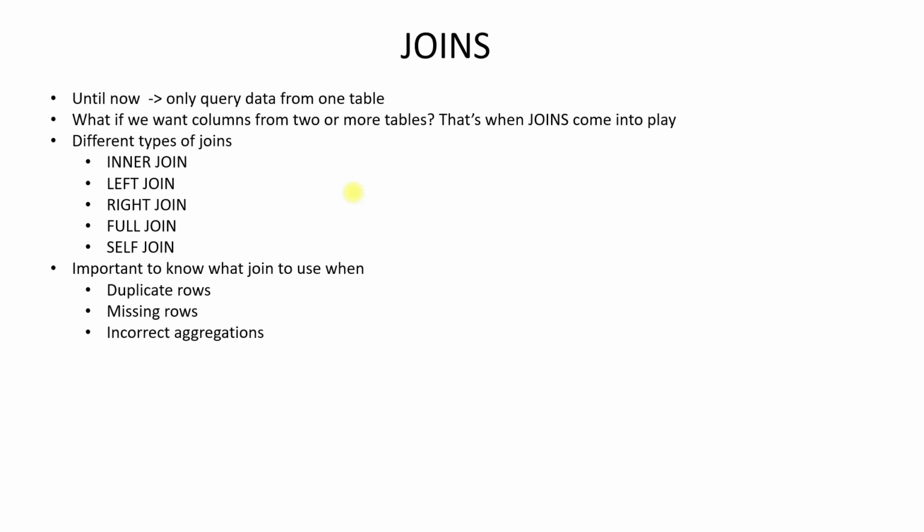A lot of times we have a lot of data and a lot of different tables, and these tables are connected somehow. They are related to each other through some key columns. For example, in the fact internet sales table, for each sale we only store the customer key.